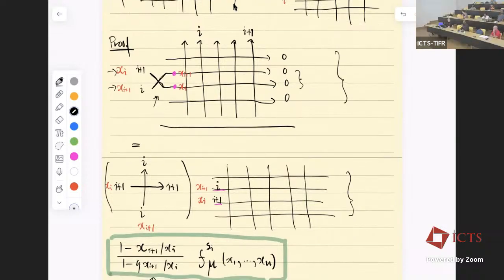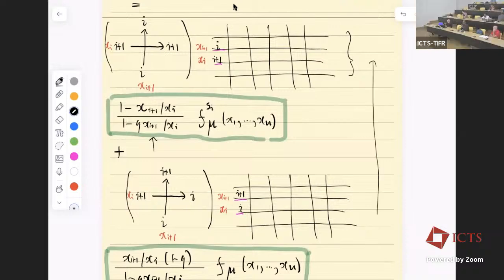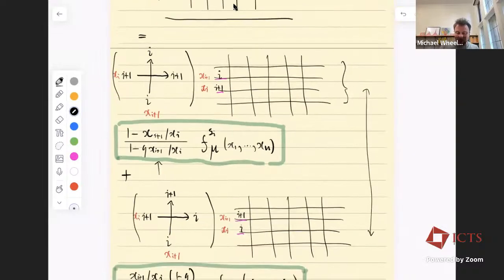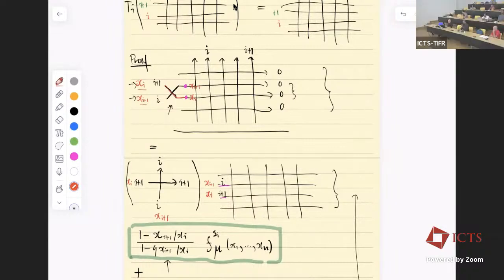Once you expand over the pink edges, so the pink dots, yes, you get these two terms here. Right, I understand that. And those are both f where the x's are in the correct order. The point is that even though the x's here come in with their order kind of switched, this xi is really going here. Yeah. And xi+1 is going here. So they look like they're switched, but they're actually not.